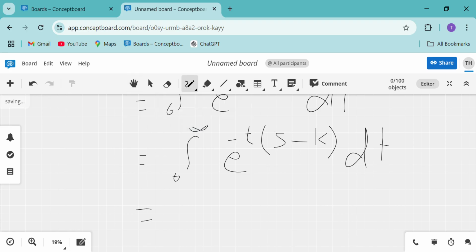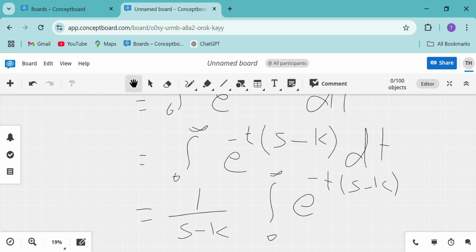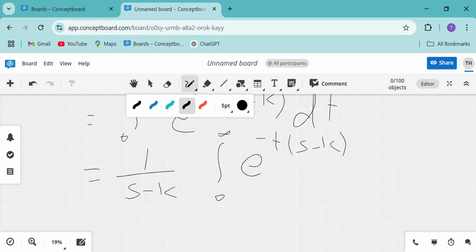Here I will divide by s minus k, and also multiply by the term minus t times s minus k. You can use minus 1 over s minus k because here we have a minus sign beside t.